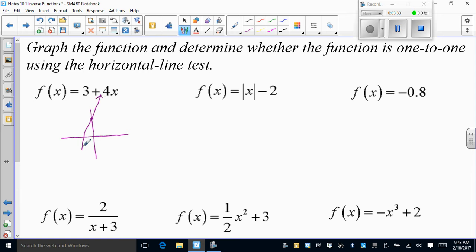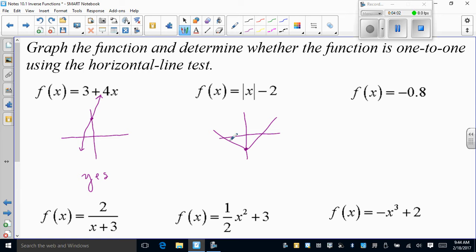So the answer on this one is yes. Absolute value, so the x, y coordinates, negative 2, this guy went down 2, so he's down here. And he's V-shaped. And we can use the x-axis as a horizontal line, and the answer is no.